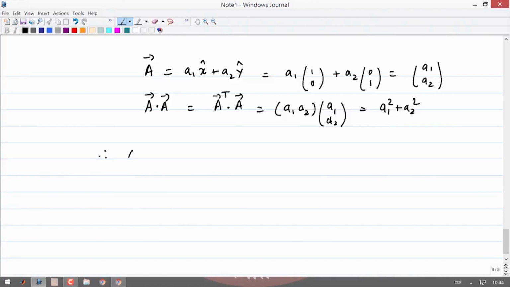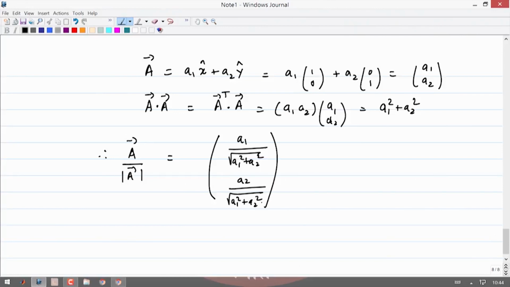Therefore, what is a unit vector A in terms of matrices? It is the vector divided by its magnitude. You can see immediately the column is written as a1 by square root of a1 square plus a2 square, and the other is a2 by square root of a1 square plus a2 square. Okay.